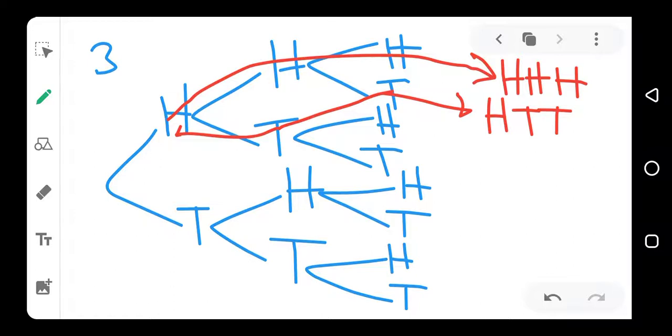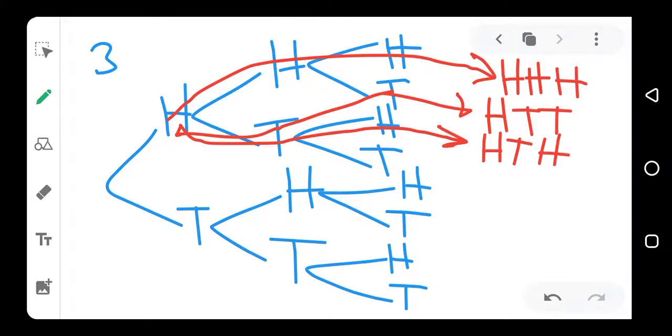Then we also take this, join it with this, join it with this, and come to this side, and that will give us head, tail, head.